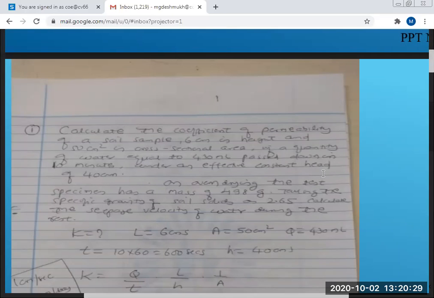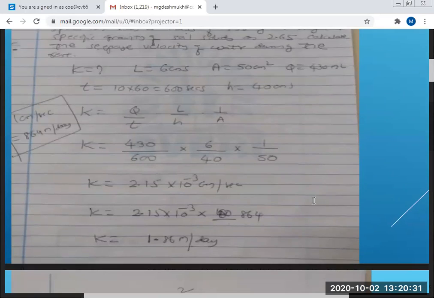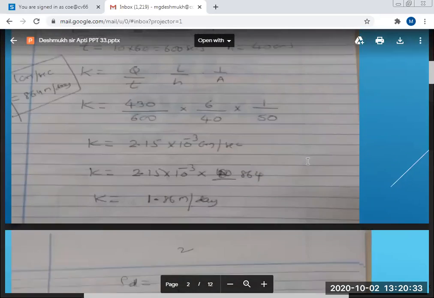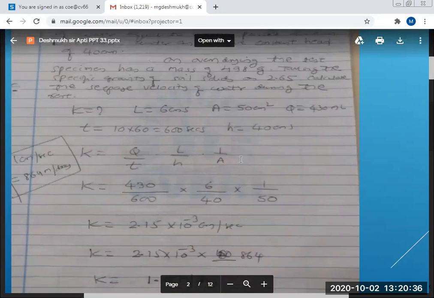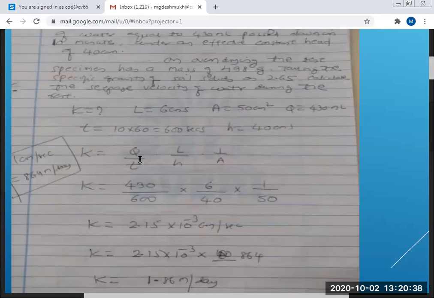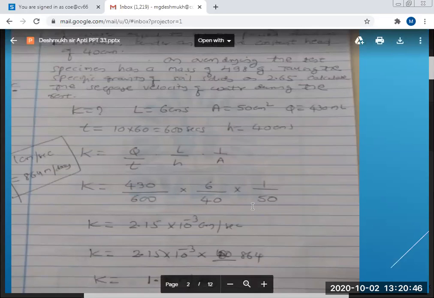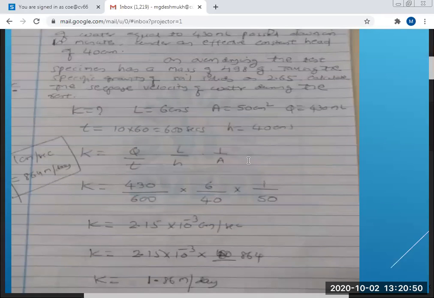We know that for constant head permeability, K is given by Q by T, L by H into 1 by A. Remember, all the units should be in the same dimensions, and we are taking centimeter, so the dimensions are one and the same.